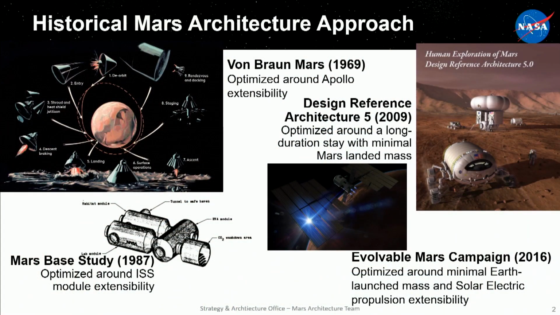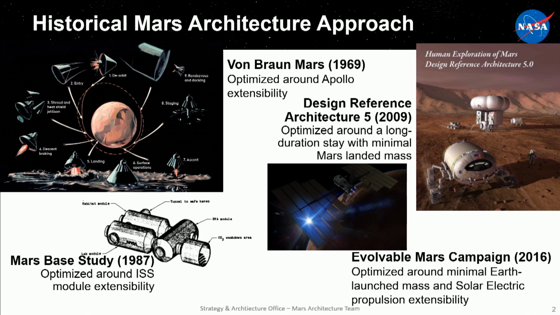So before we start, a little bit of history. When we think about architectures, especially Mars ones, we've been looking at Mars architecture for many decades now. A lot of these historical approaches really focused on the elements.